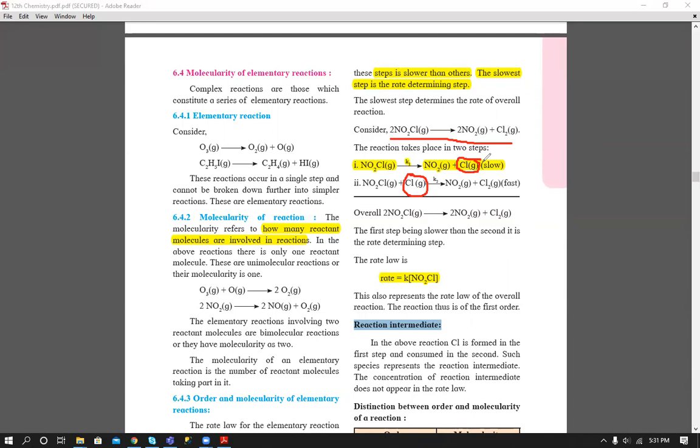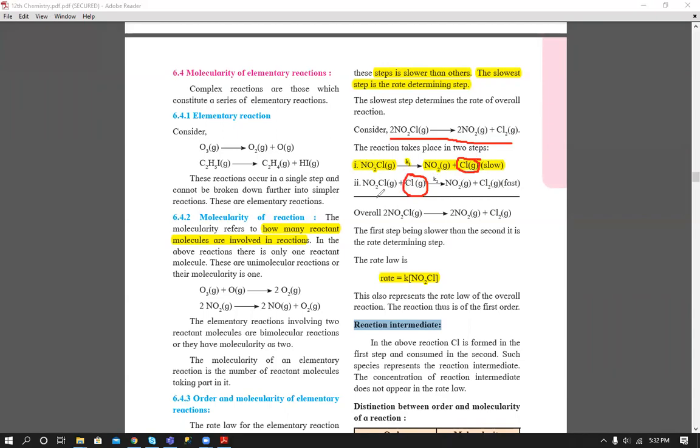If the reaction is occurring in 4 or 5 steps, and the reaction intermediate is produced in the second step, then it may be consumed in the fourth step. But always remember, the reaction intermediate is first produced and then consumed in coming steps. And the second point is that in the overall reaction, or net reaction, the reaction intermediate is not present.